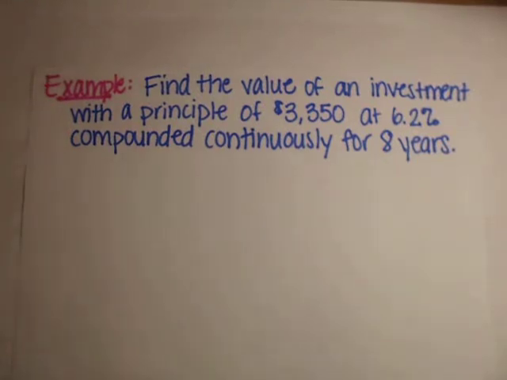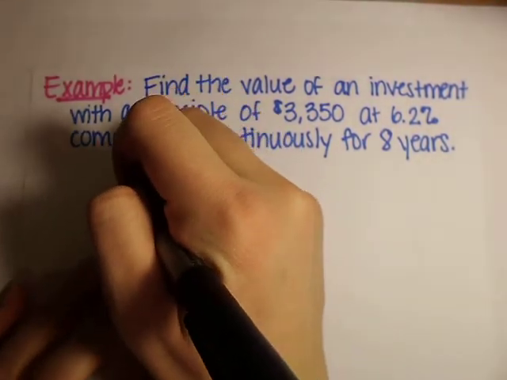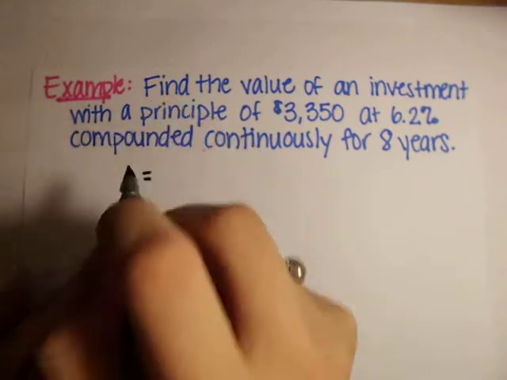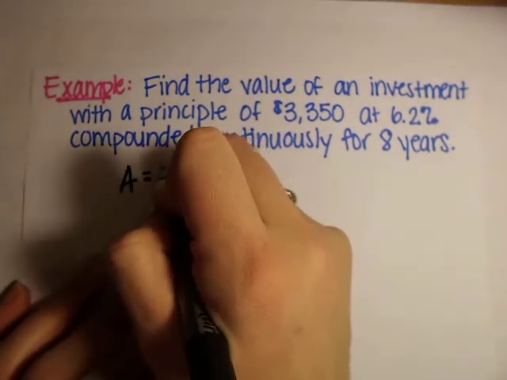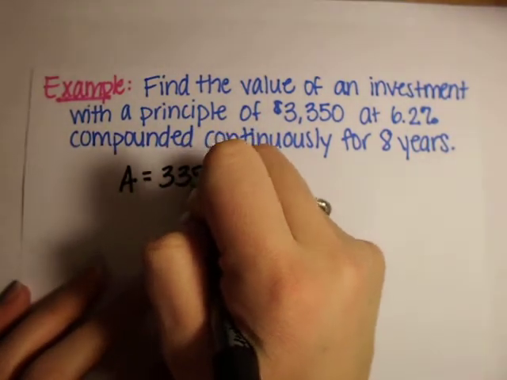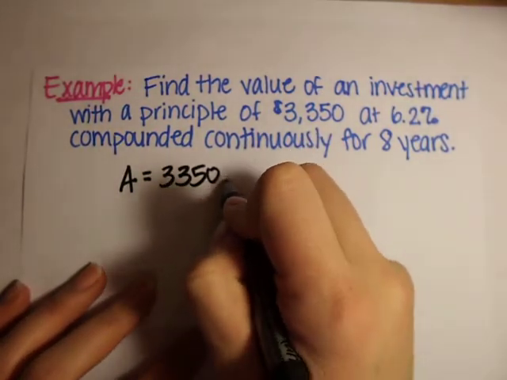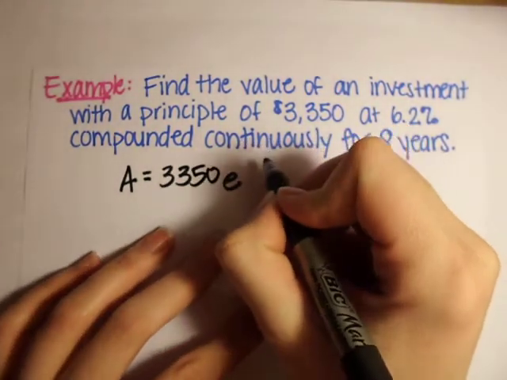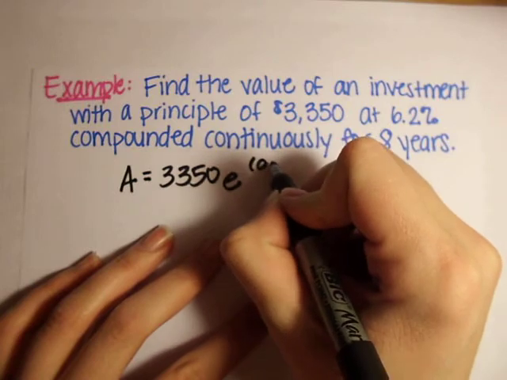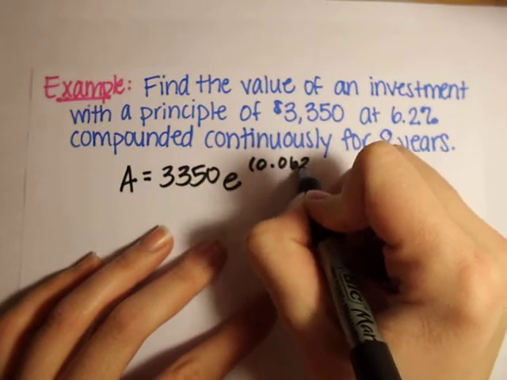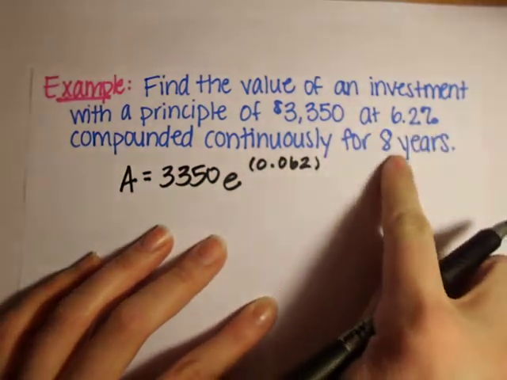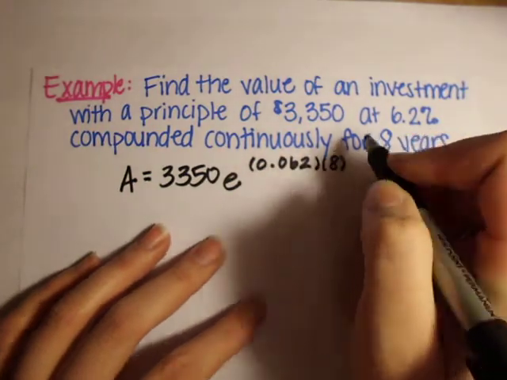So we're going to use our new formula, and we'll have our final amount equals our principal, which is $3,350, times e raised to our rate as a decimal, 0.062, times time, which is 8 years.